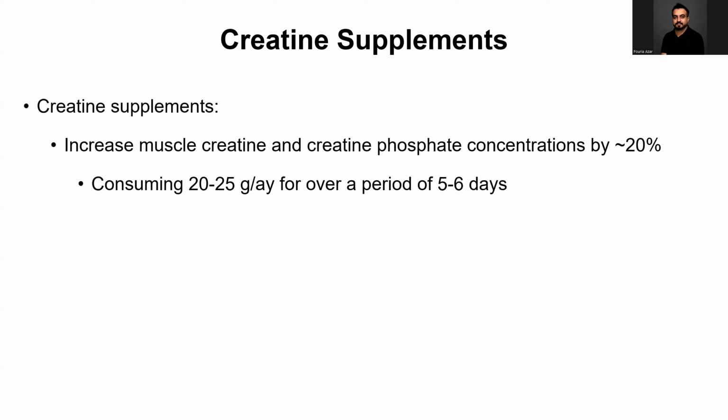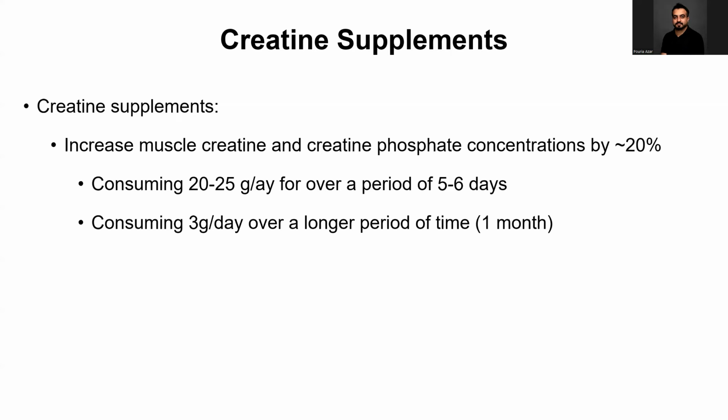They consume 20 to 25 grams per day over a period of 5 to 6 days, or 3 grams per day over a longer period of time, for 1 month. So these are different dosages of creatine supplements.